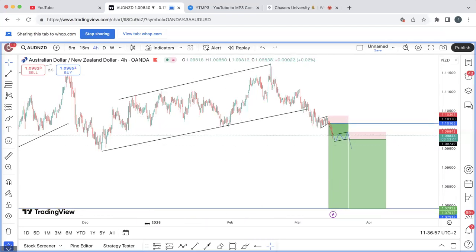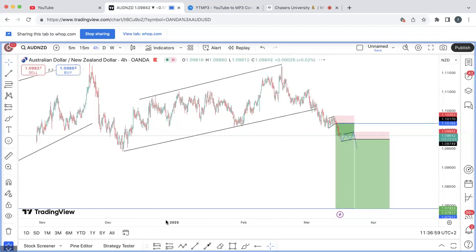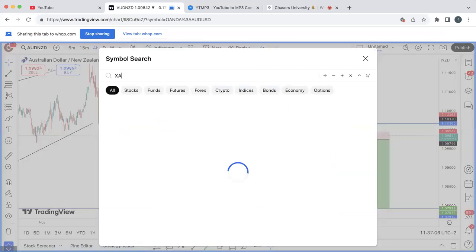Okay, I'm seeing a question. Can you please analyze gold? I don't have gold on my watch list for today, but let me do a quick top-down analysis and share my thoughts.